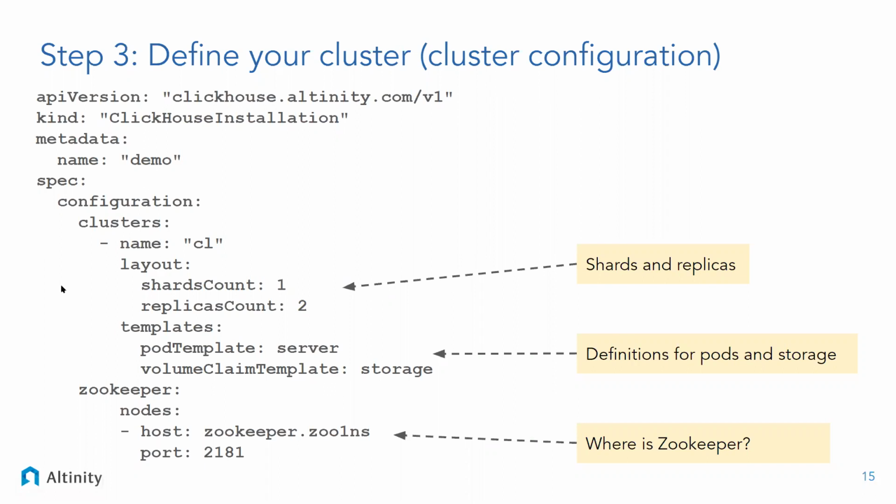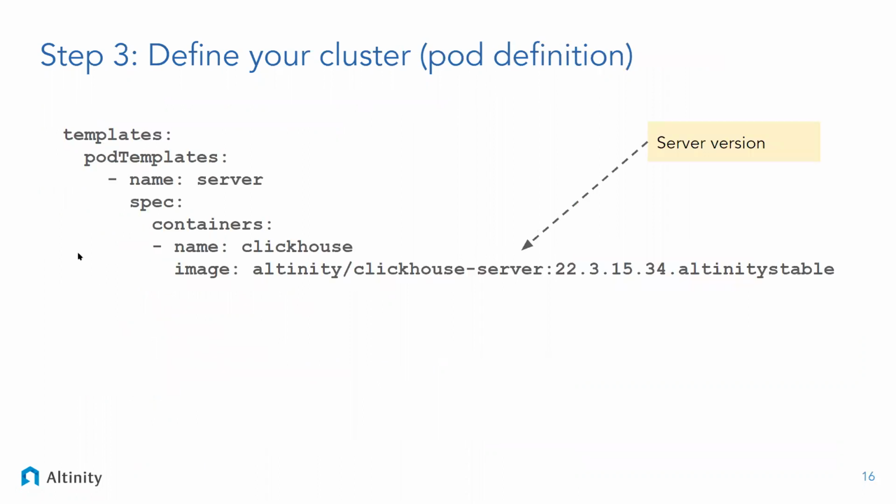Let's now look at the definition of the pods and the storage. These are done through what are called templates, which means they get applied to every pod that needs them. So pod templates. This is the simplest pod template you can have, and it just says, "Hey, I want to run ClickHouse in a container, and here's where to go find it on Docker Hub, or wherever your container repo is located."